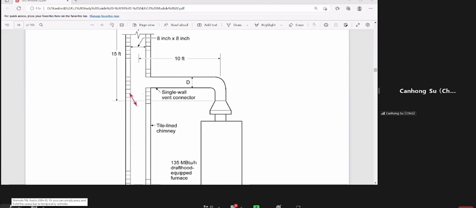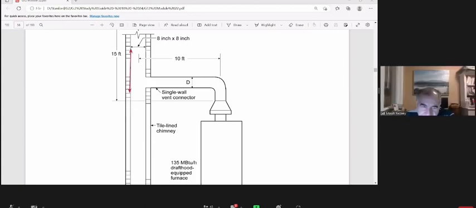The connector is type A, single wall. And we give you the size of 8 by 8 inch inside area of the chimney.